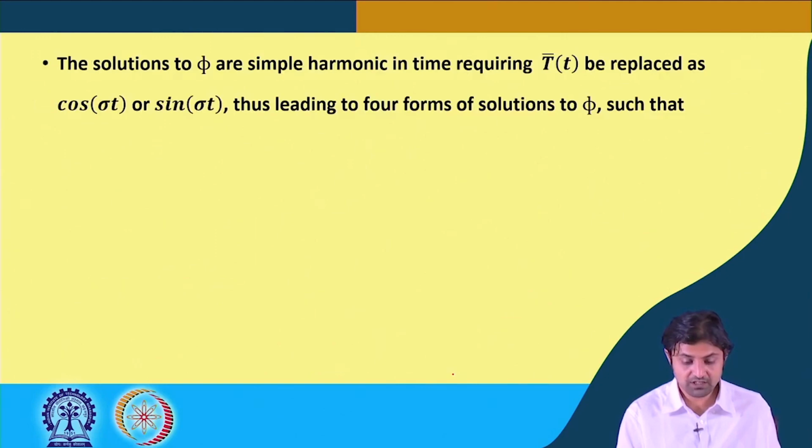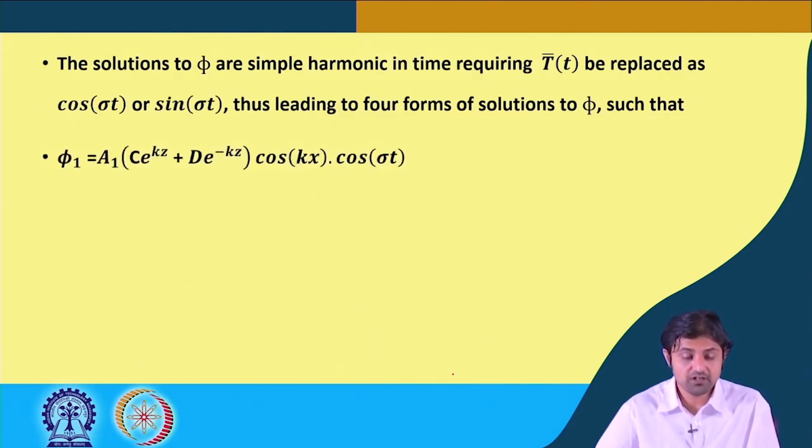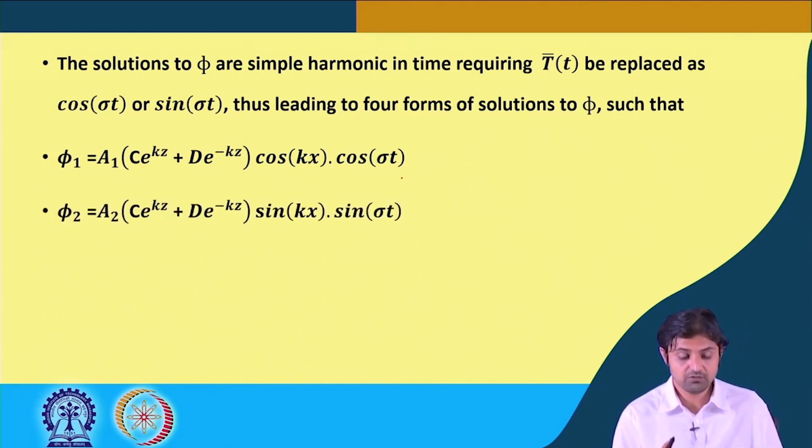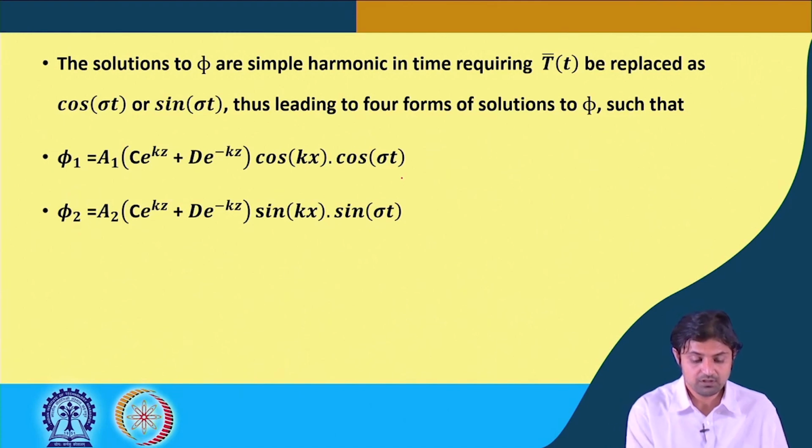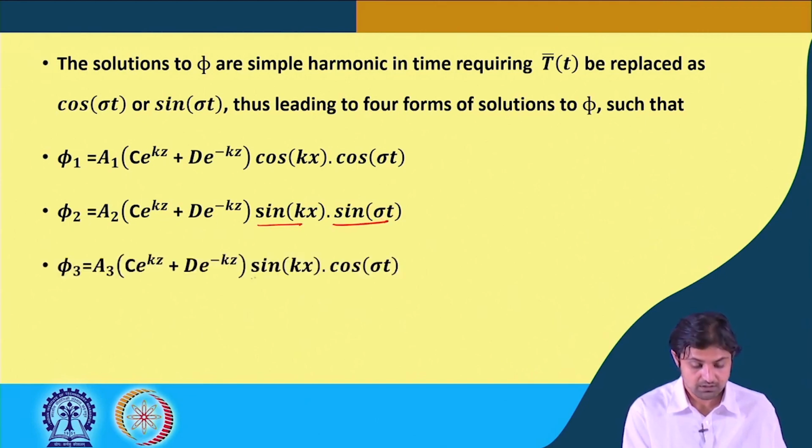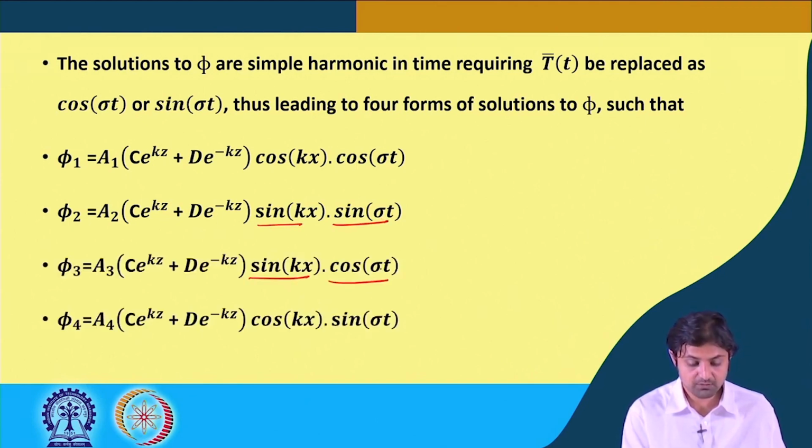So, in total we can write 4 terms. Phi 1 will be A1 into (c e to the power kz plus d e to the power minus kz) cos kx cos sigma t, another would be A2 (c e to the power kz plus d e to the power minus kz) sin kx sin sigma t, the third would be sin kx cos sigma t, and the fourth would be cos kx sin sigma t.